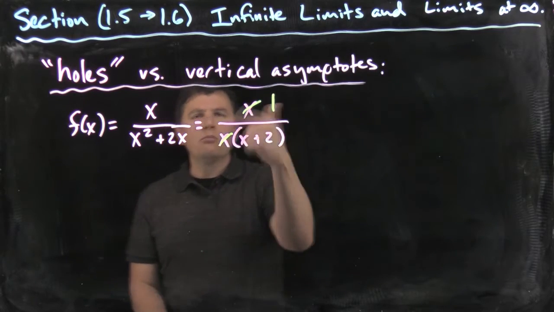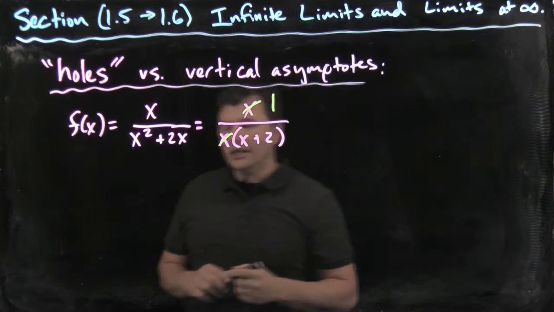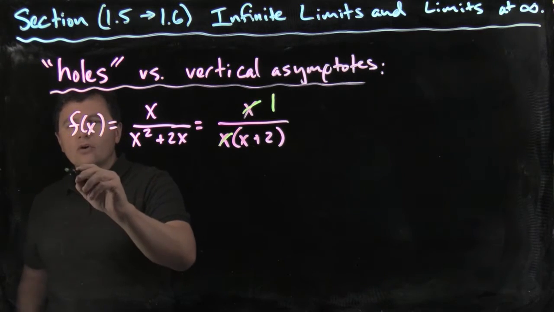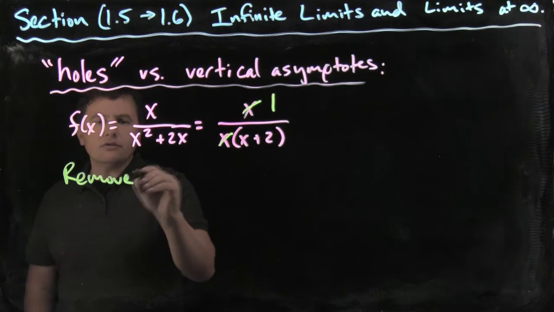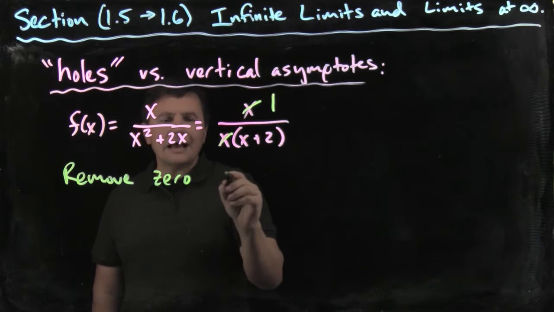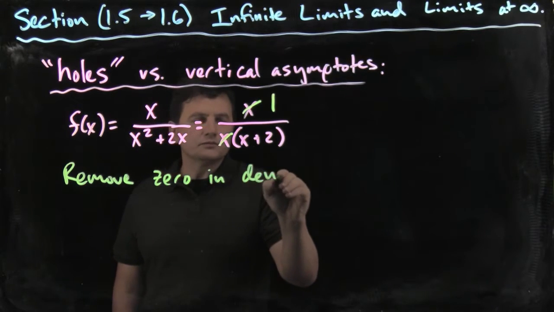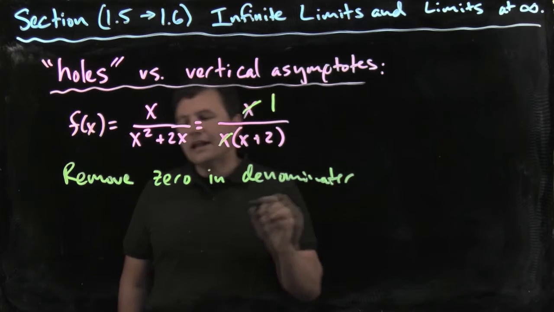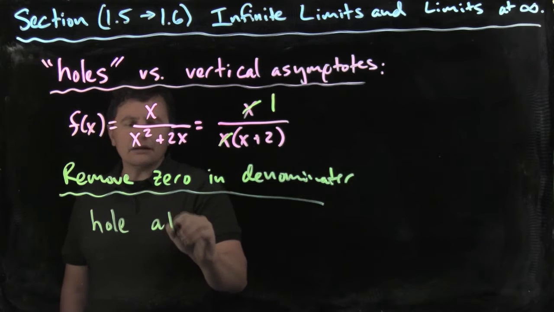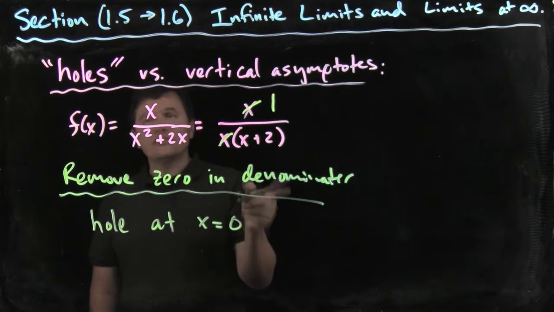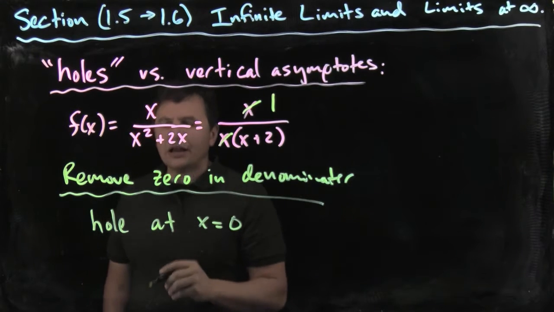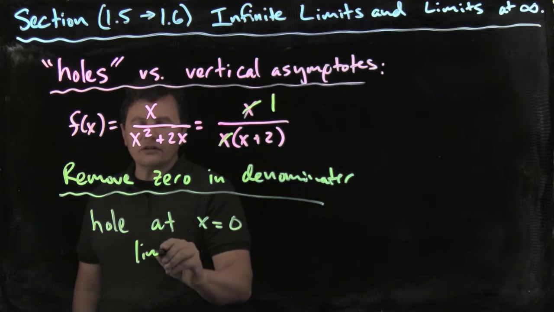So if I can remove the 0 in the denominator algebraically, and I use that word remove because it pertains to stuff dealing with continuity, then it's going to be a hole. So in this particular case, we have a hole at x equals 0. It's still not part of the domain. It's still discontinuous there, but it's what we call a removable discontinuity. And with a hole, of course, the limit is still going to exist.